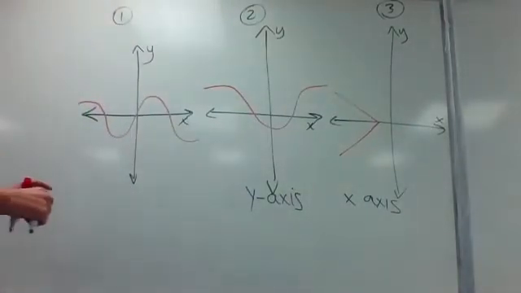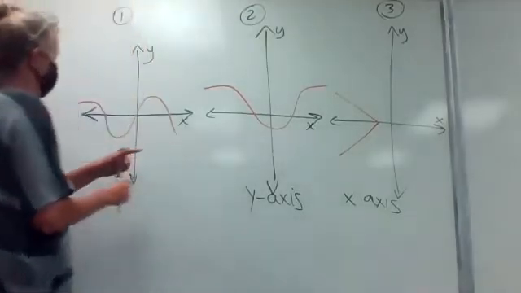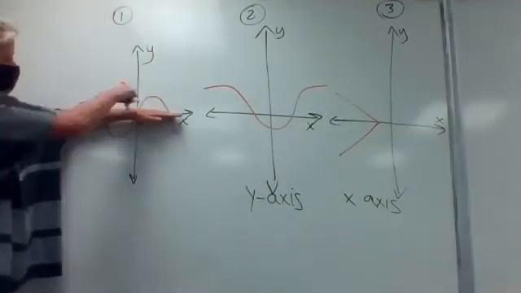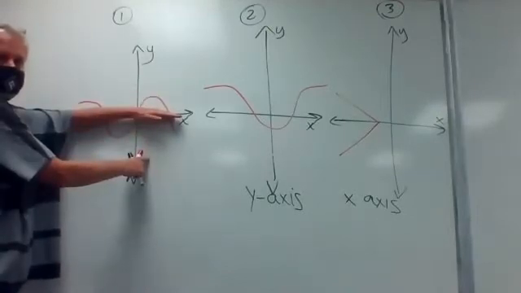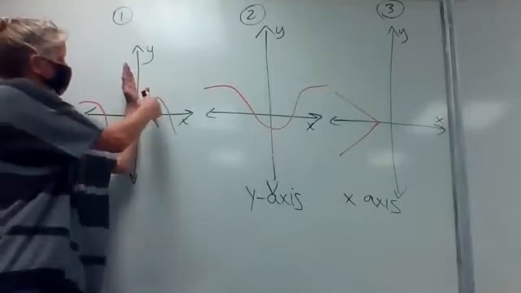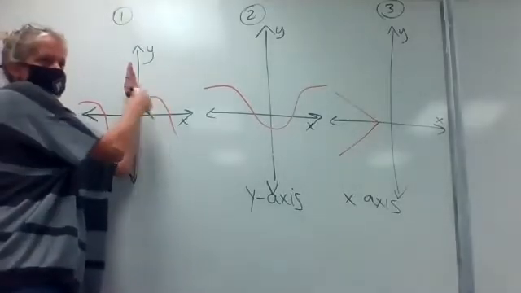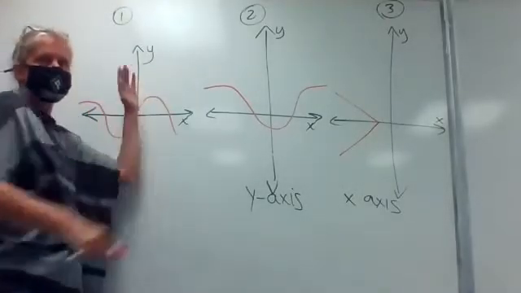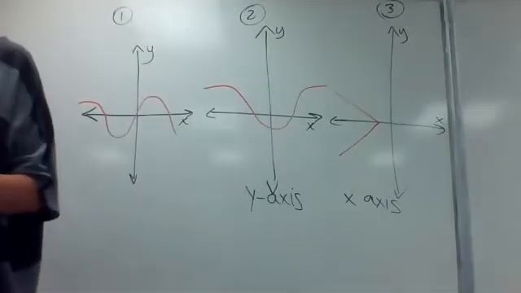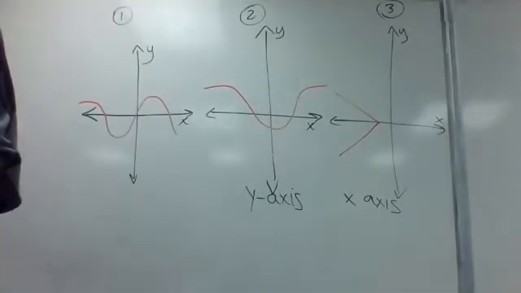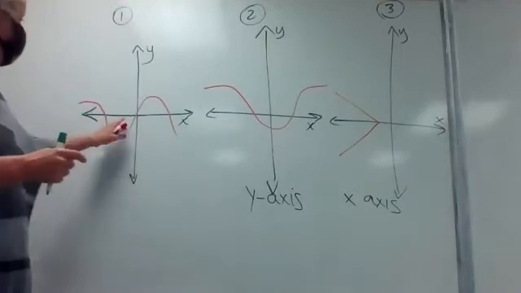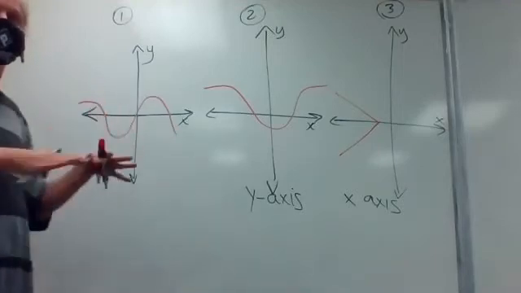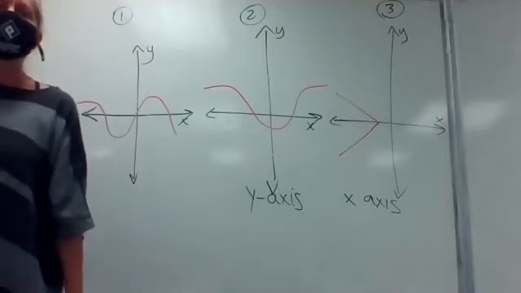Now remember, this one's not x or y, right? Because the top doesn't have a mirror in the bottom. The right doesn't mirror the left. So the only option would be origin symmetry. Okay, so I like to go ahead and reflect this half of the graph across the x and see what that looks like.